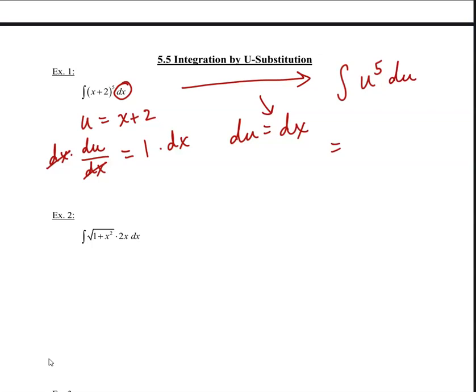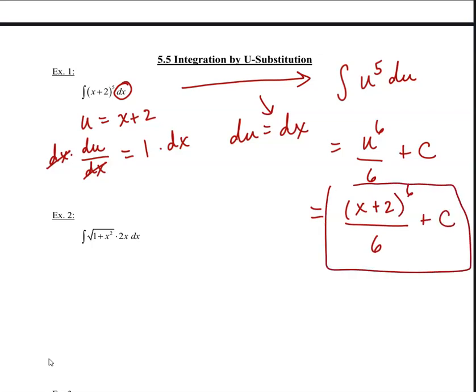Now the antiderivative with respect to u would be u to the 6th over 6 plus c. The last step is to replace u with what it was equal to, which was x plus 2. So we have (x plus 2) to the 6th over 6 plus c, and that is our antiderivative.